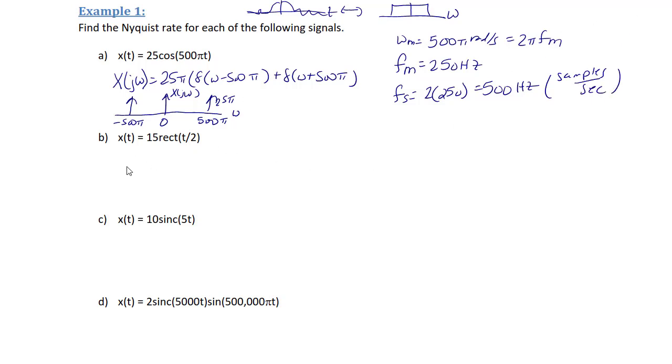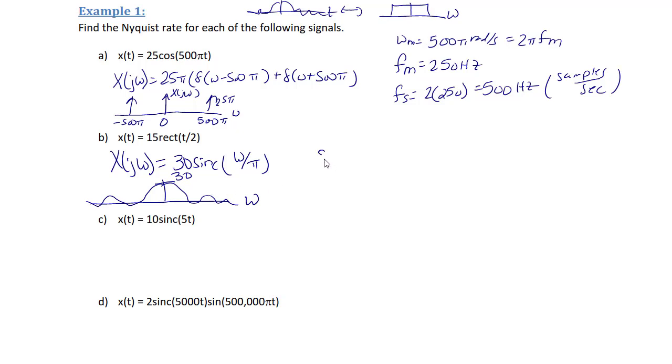B, x(t) is equal to 15 rect of t over 2. So the first thing we do is find the Fourier transform. X(jω) is equal to 30 sinc of ω over π. If we make a sketch, this is going to be a sinc that extends forever to negative and positive frequency with an amplitude of 30.